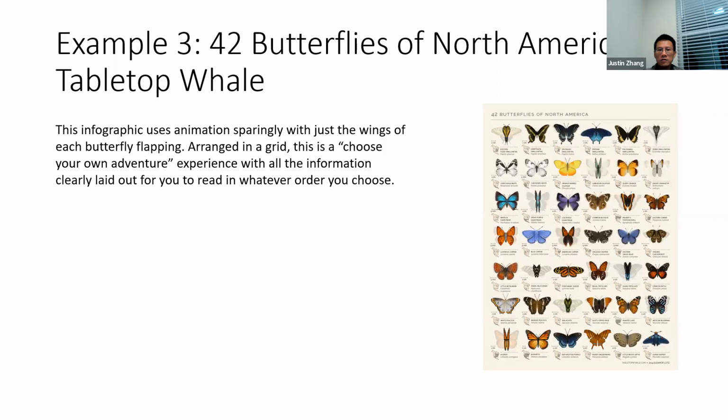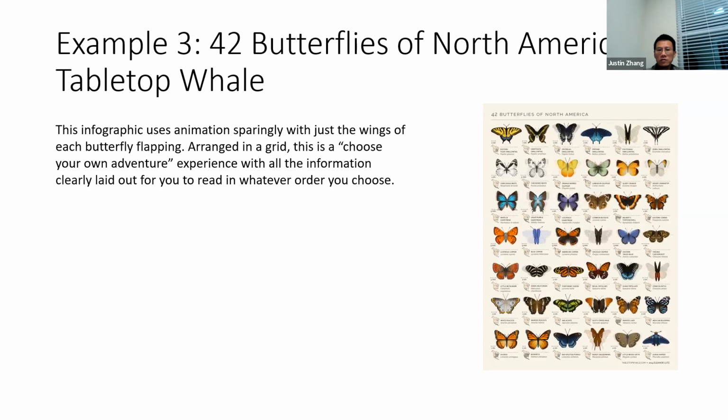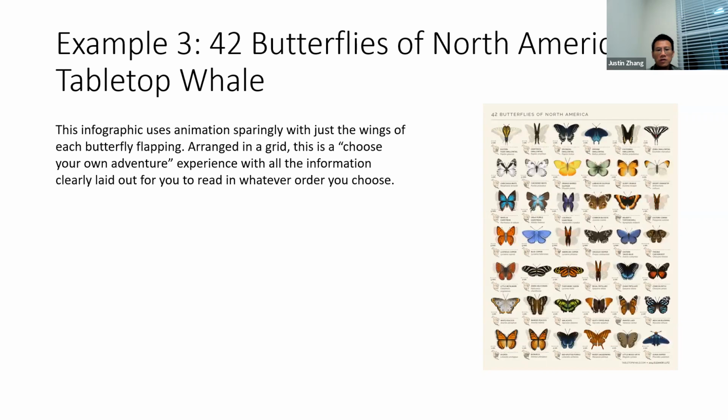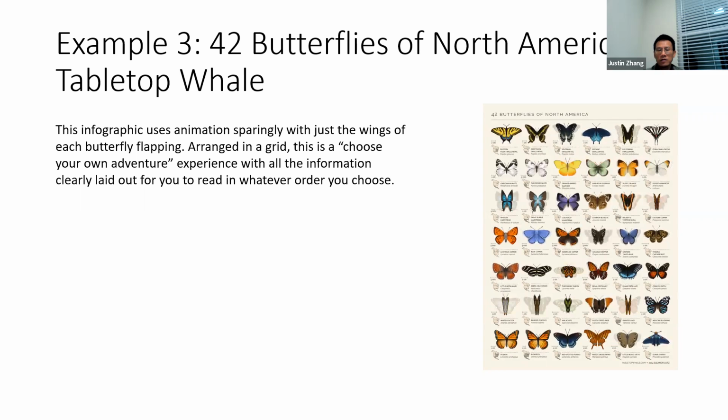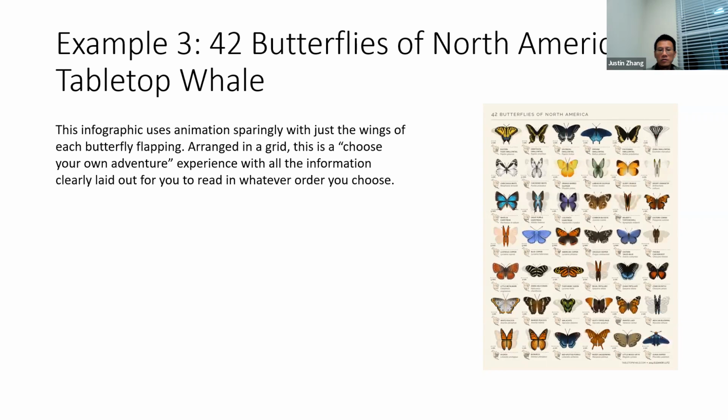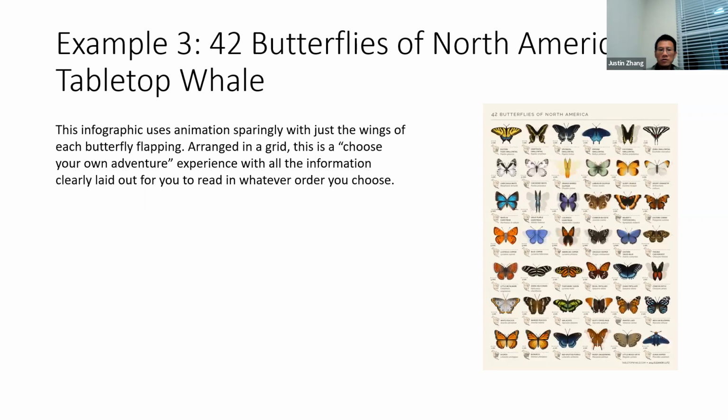And here is an example about 42 butterflies of North America. This one uses animation sparingly with just the wings of each butterfly flapping, but it's arranged in a grid. This is the choose your own adventure experience with all the information clearly laid out for you to read in whatever order you want to choose.